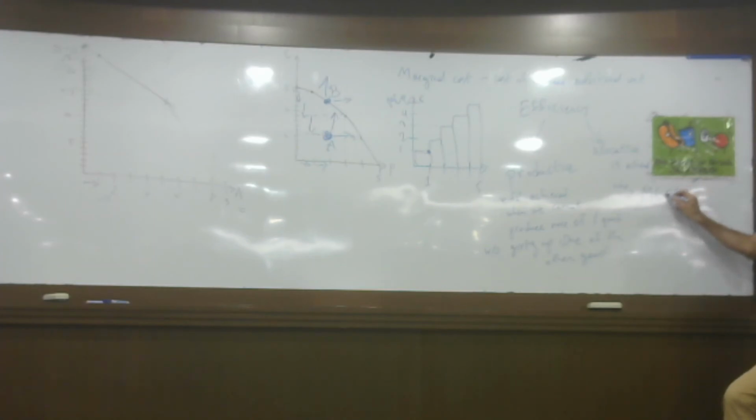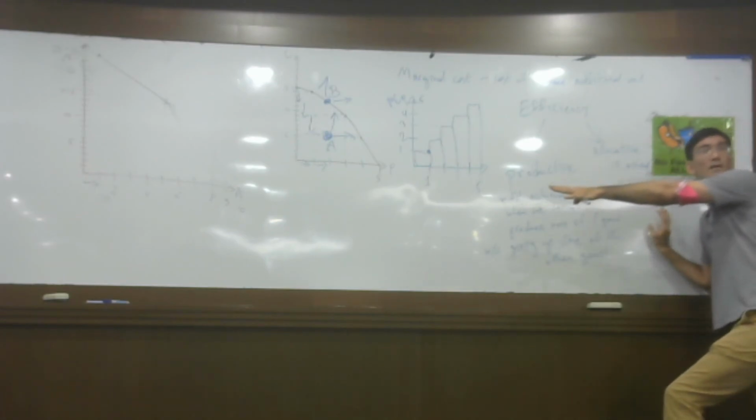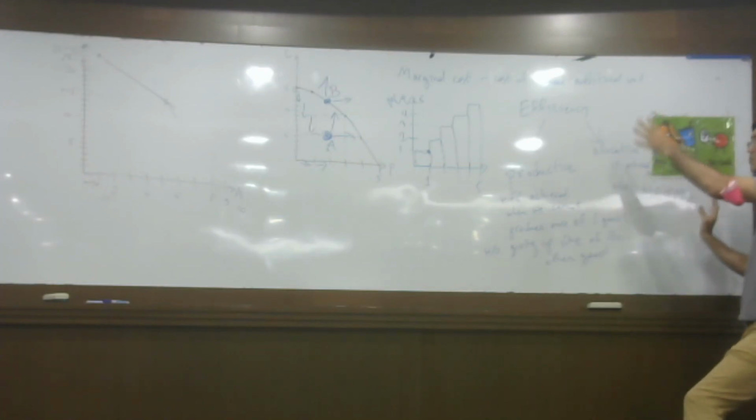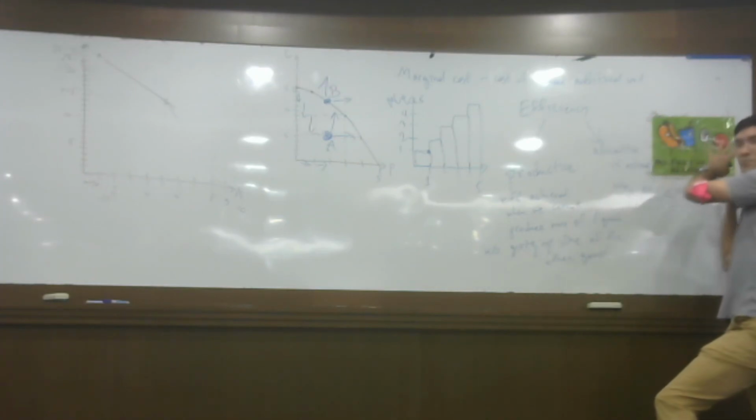As long as marginal benefit is greater, you need to have more of that. Anyway, we're going to leave it for later, because for now we only discovered marginal cost from here. We haven't discovered marginal benefit from here, so we don't have time for that. We're going to leave that for next week.